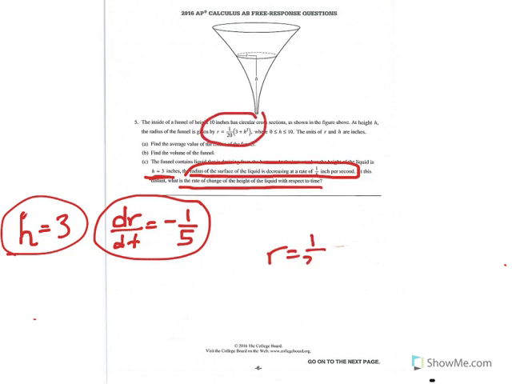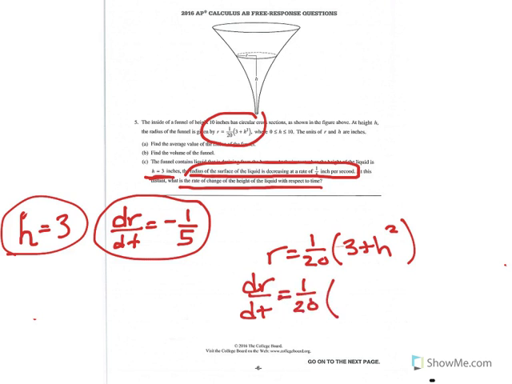R equals 1/20th times 3 plus h squared, which means to find how the rates are related, I'm just going to take the derivative of this statement right here. So this becomes dr/dt equals 1/20th times, the derivative of 3 is gone, the derivative of h squared is 2h dh/dt.